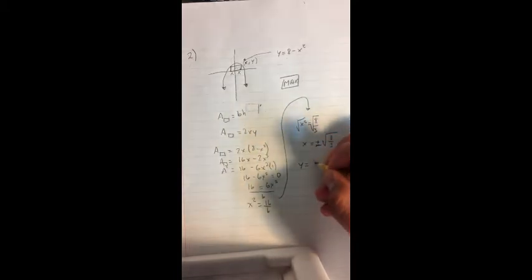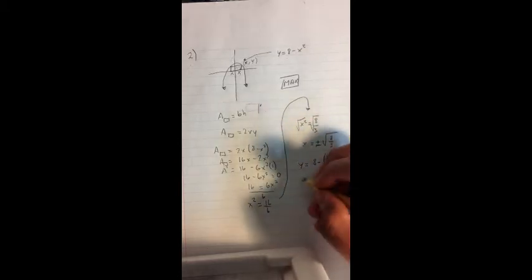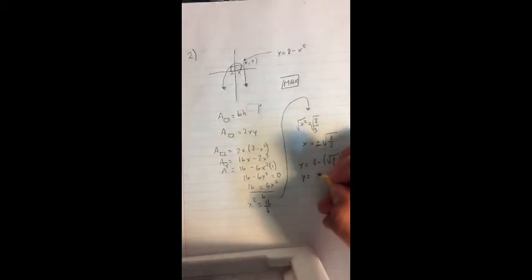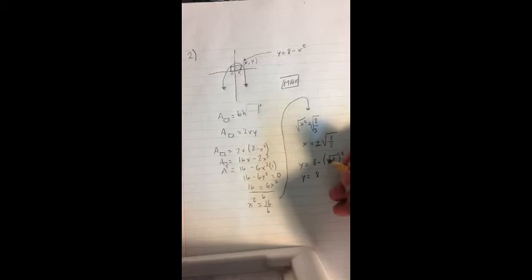Okay, so y equals 8 minus, parentheses, square root of 8 over 3, squared. So then y equals 8, and if we have a square root and a square, it cancels out, and we get 8 minus 2/3.